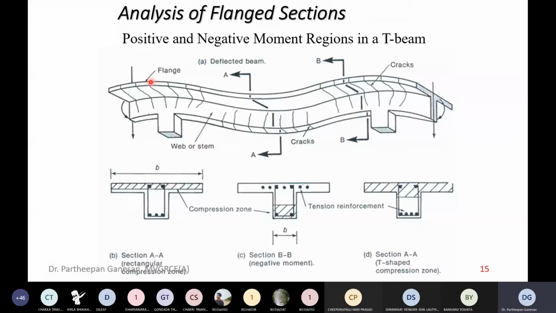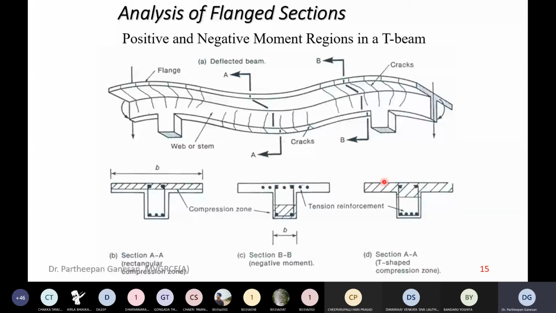That is why you will see the crack developing from the top towards the bottom, like this. Wherever the crack is developing, there only we provide the tension reinforcement. So for section BB, at this support, your tension reinforcement is at the top. Whereas for the midspan, the tension reinforcement is at the bottom.